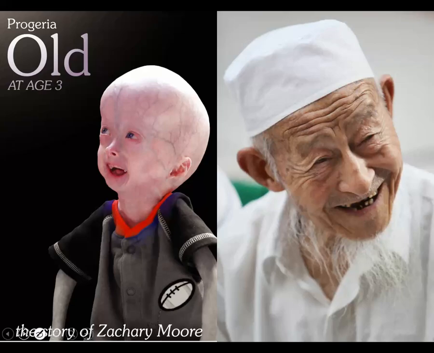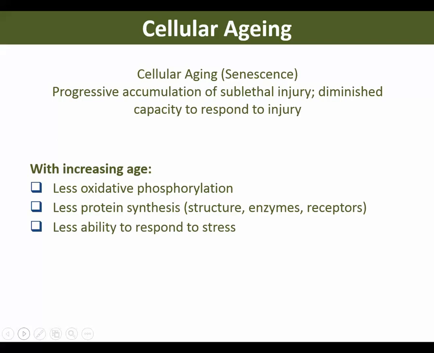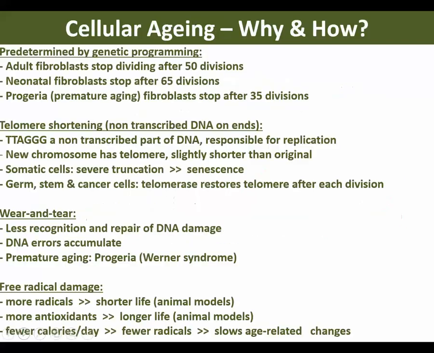So now coming to cellular aging. Cellular aging happens because, in the aging process, there is less oxidative phosphorylation and less protein synthesis. Because of these two reasons, the cells respond very little to stress. Why is it happening? Because it is genetically programmed; some cells can divide only up to a certain level.